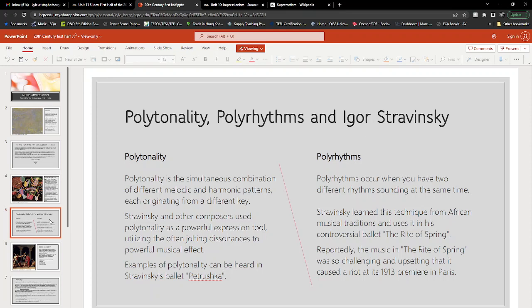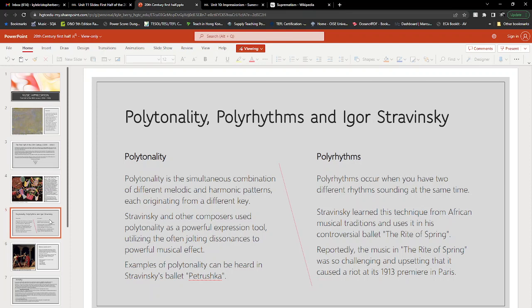Again, I mentioned earlier that we were beginning to question this idea of tonal center, and this is a great illustration of that. Stravinsky took up both of these reins, so he was big on polytonality and polyrhythms, and he and other composers used polytonality as a powerful expression tool, utilizing the often jolting dissonances to powerful musical effect.